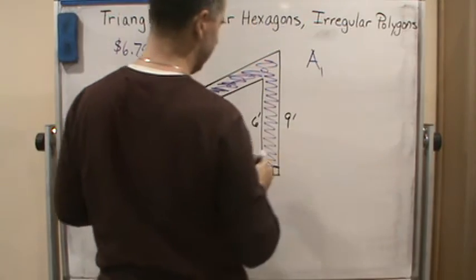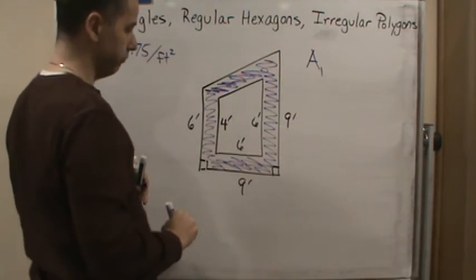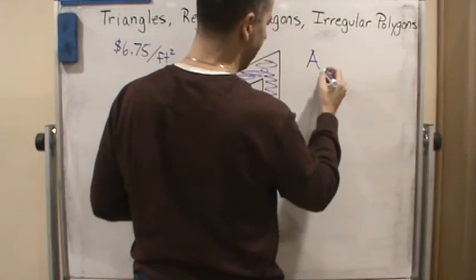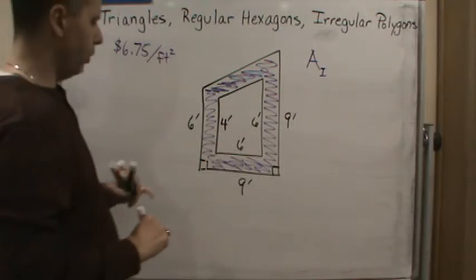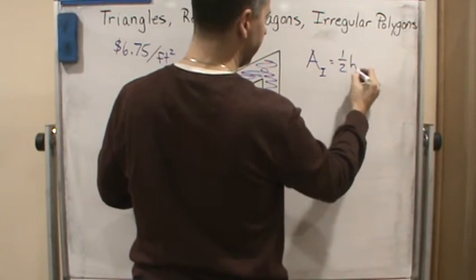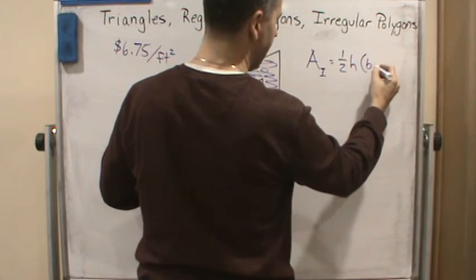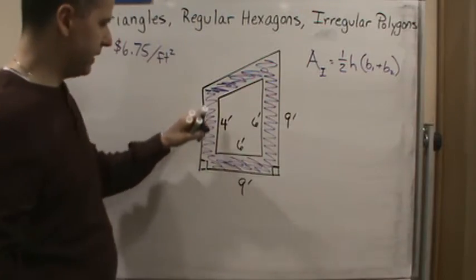So let's do area one. Let's do area one as the smaller trapezoid. Or let's do A sub I for inside. So how do we do that? Well, it's equal to one half the height times the sum of the bases. Well, what's the height of this inside trapezoid?